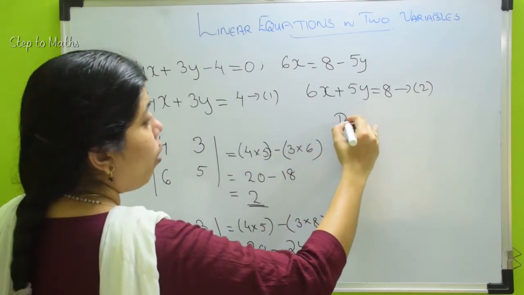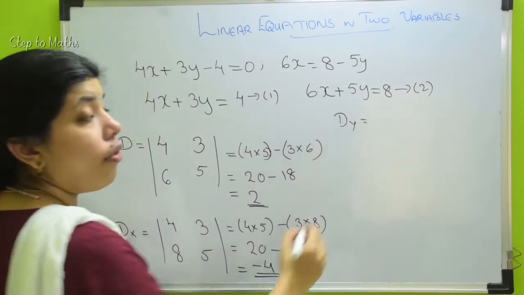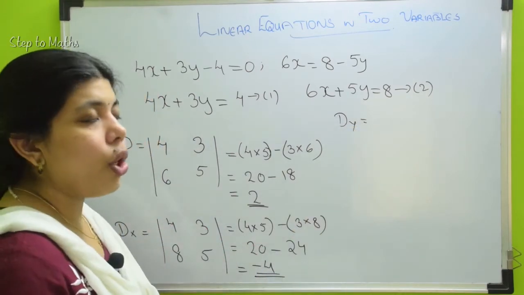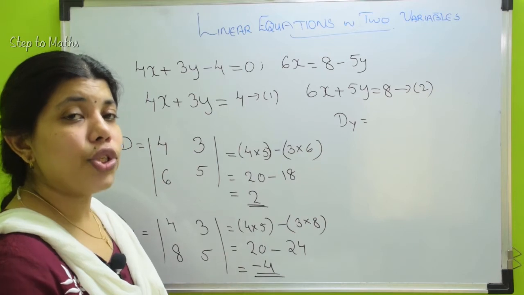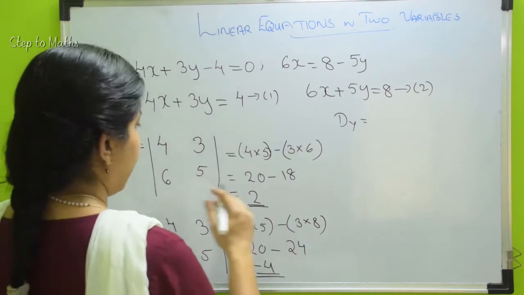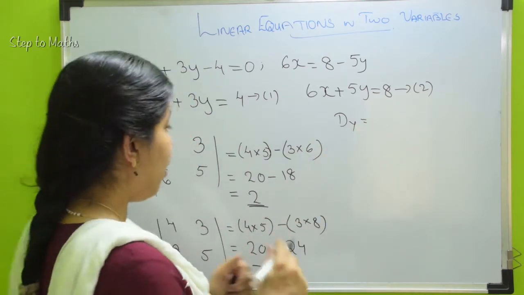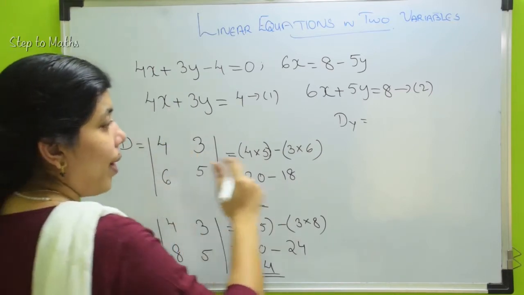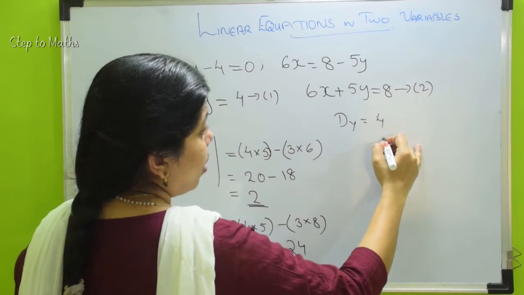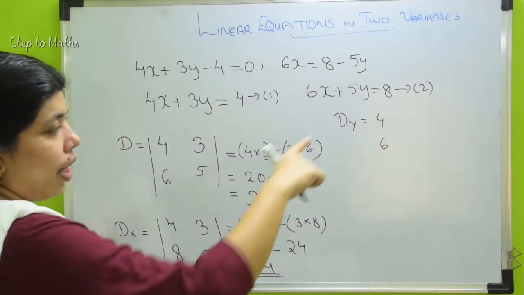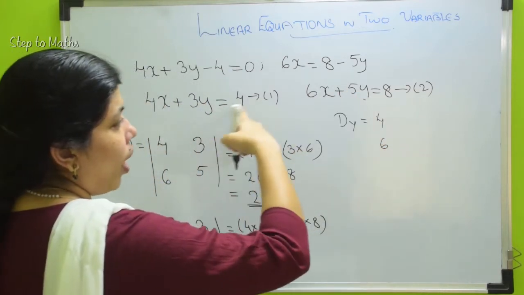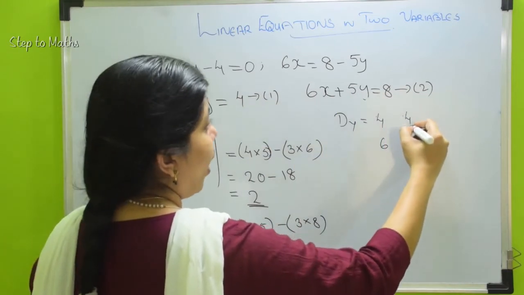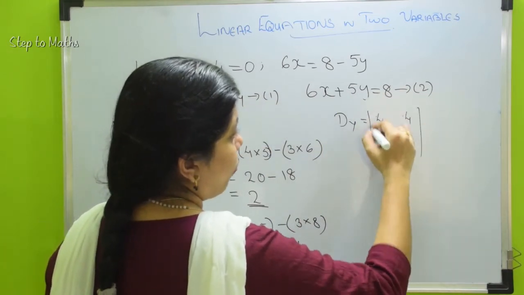Now find the value of Dy. How can we find the value of Dy? For that, we have to replace the coefficients of y by the constants. When we consider Dy, the first column is the coefficients of x, that is 4 and 6. Instead of the coefficients of y, we take the constants 4 and 8.